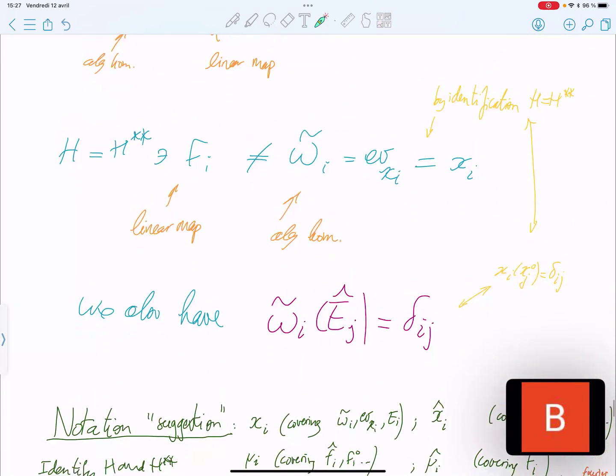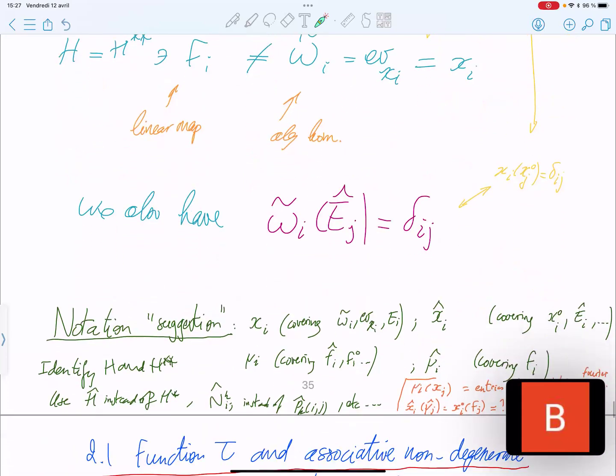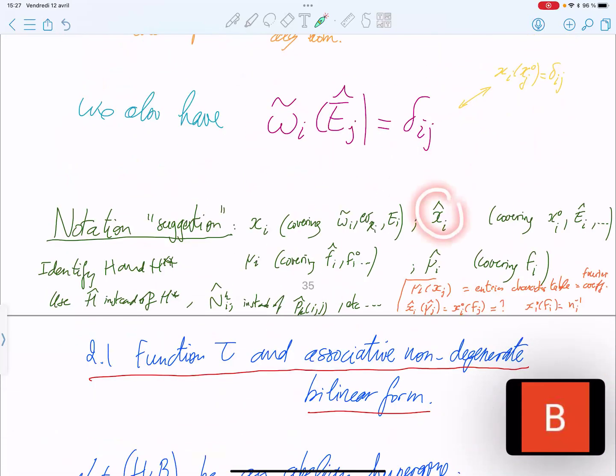In fact, we could use xi hat instead of xi not, and it will cover that. Mu i covers, so you have mu i hat, which is exactly fi, and so mu i is fi hat, fi not, etc. So we only need four notations, and these four notations cover everything.